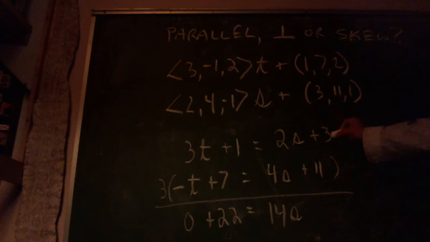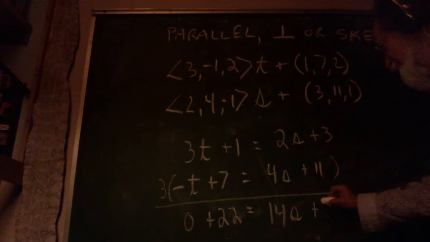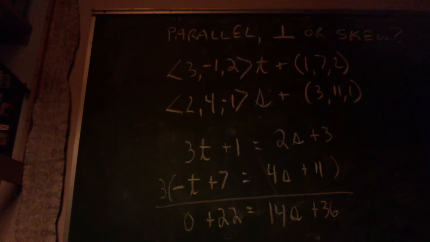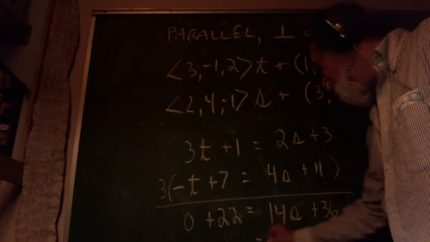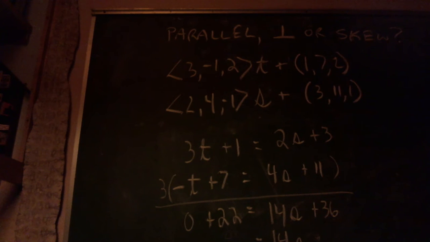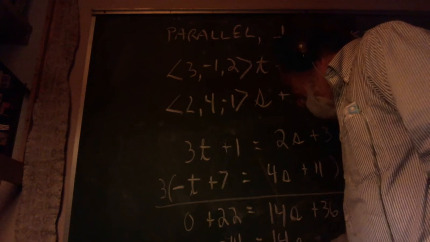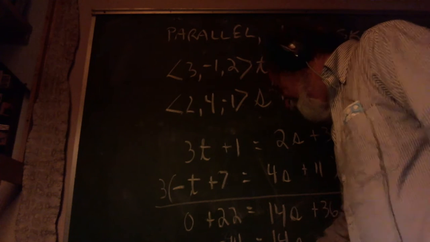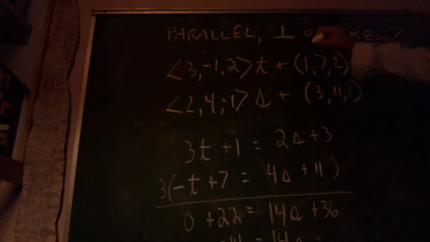And then I have 3 plus 33 is 36. All right, so this is 14s equals, and if you do 22 minus 36, you get -14, a very good sign. s equals -1.